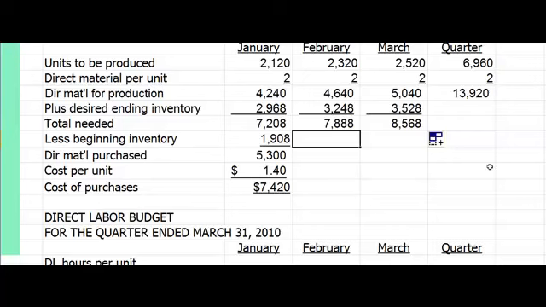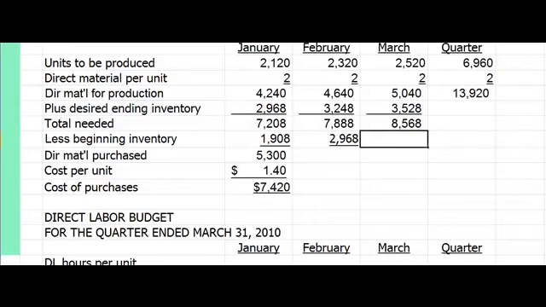But my beginning inventory for January was my ending inventory for December. Remember, I went and picked it up in the balance sheet. So that means that my beginning inventory for February will be January's ending inventory. We calculated what we wanted to have for ending inventory up here, so I put in an equal sign and pick up that $29.68.